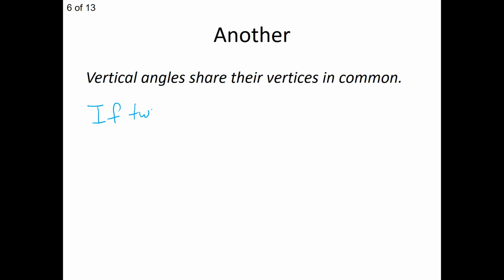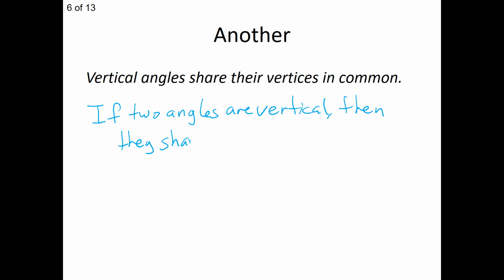If two angles are vertical, now note again, I had to grammatically change my sentence around, then they share their vertices in common. And there we have it, taking our implicit conditional form and turning it into an explicit sentence with the if-then statement.